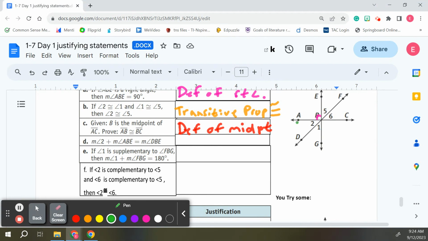What we're doing is adding this one and this one to get the whole thing. We went over it a little bit yesterday, because I knew we were going to see it today.